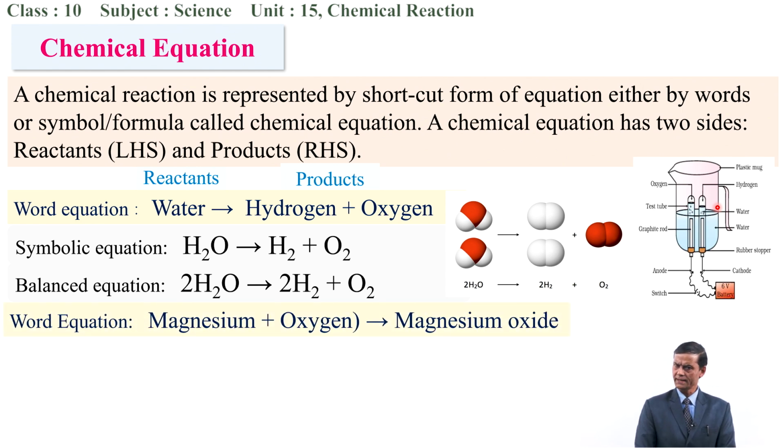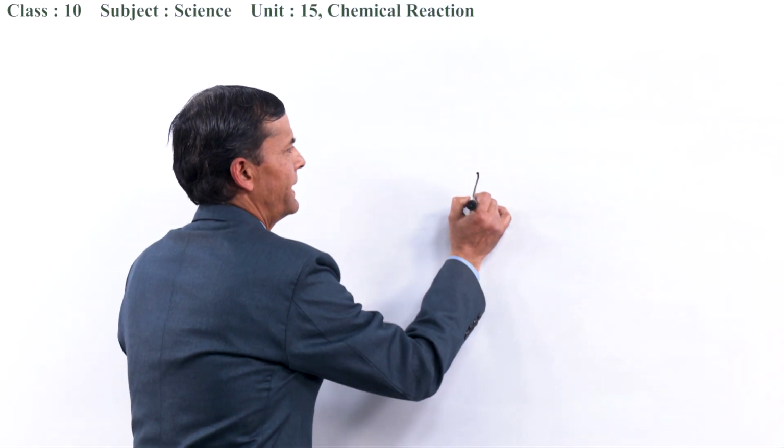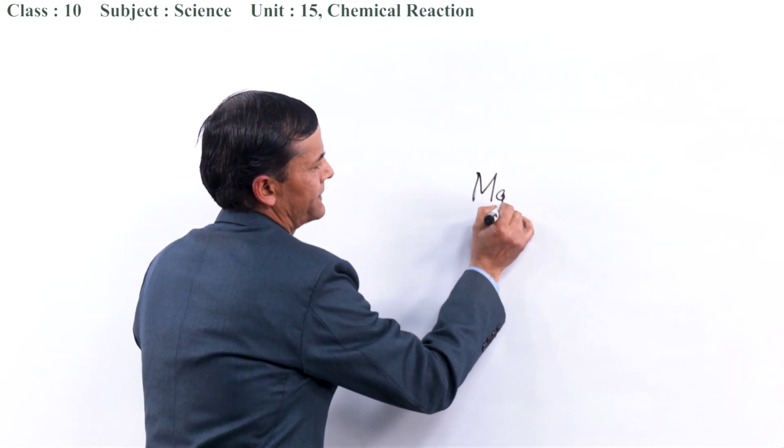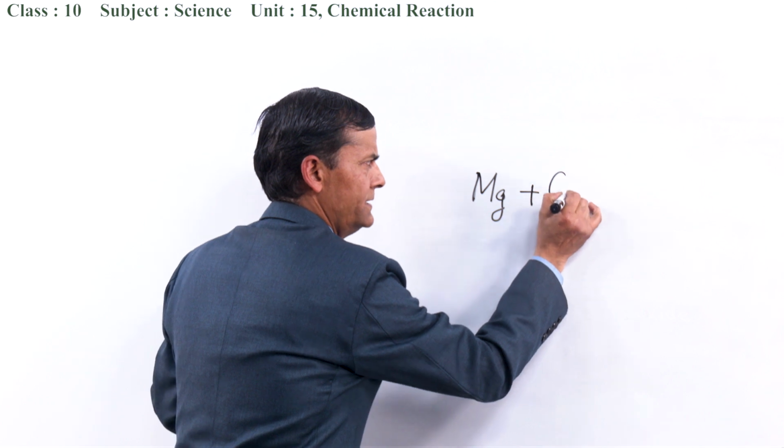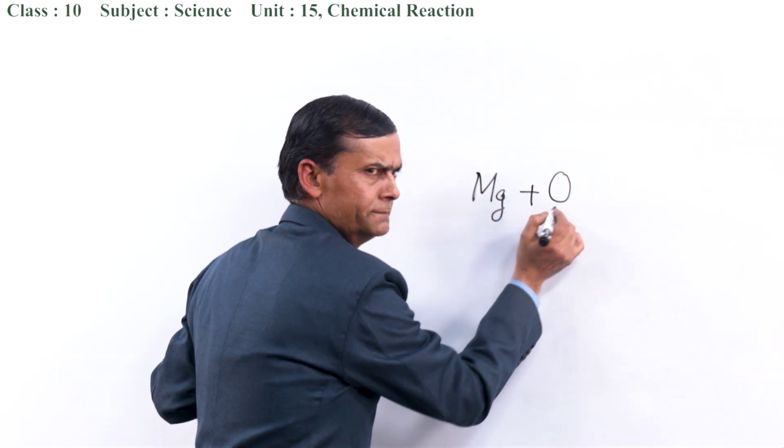Now another example, word equation, magnesium plus oxygen. What happens? Magnesium oxide. How can we write magnesium plus oxygen, magnesium oxide? You know, look at here, magnesium plus oxygen. Do you write only O? Never.